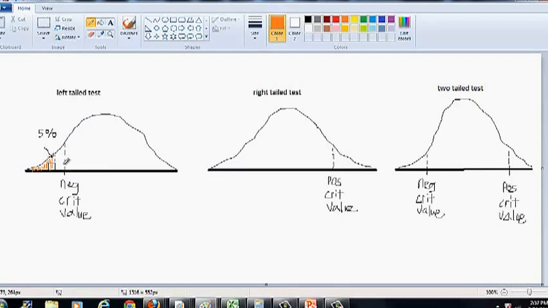If this area is 5% and your outcome is inside the rejection region right here, then the p-value is only the percent beyond your combination, which means if you're inside the rejection region, your p-value will be less than 0.05, because this piece is obviously smaller than the entire rejection region, which is 5%.